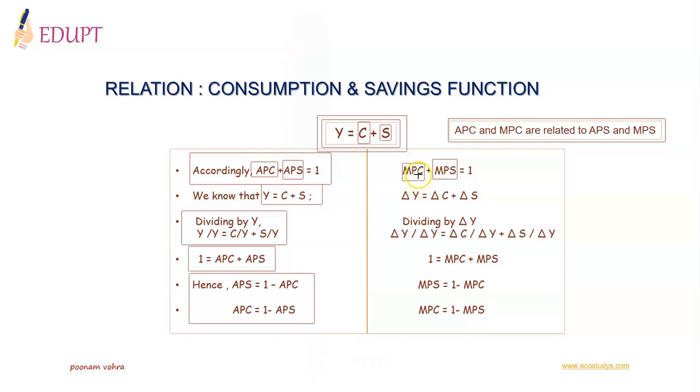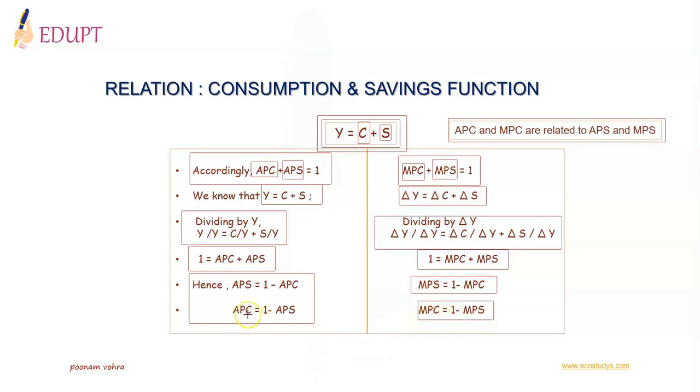So is the case with marginal propensities. Marginal propensity to consume plus marginal propensity to save is equal to 1. How is that? We know that if Y is equal to C plus S, obviously delta Y is equal to delta C plus delta S. Dividing by delta Y on both sides, we get 1 is equal to MPC plus MPS, or MPS is equal to 1 minus MPC and MPC is equal to 1 minus MPS.